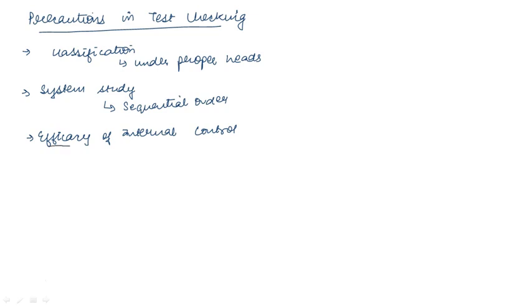First of all, you should be satisfied that there are internal controls and that these internal controls are operating effectively. Got it? There should be clarity of plan about how you are going to take those samples and how they are going to be worked upon.